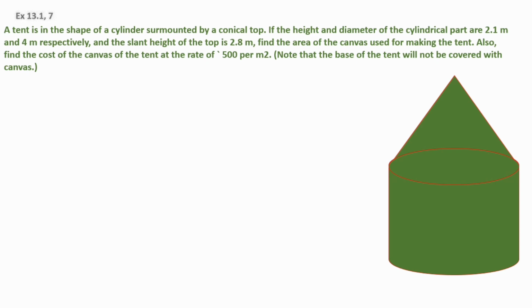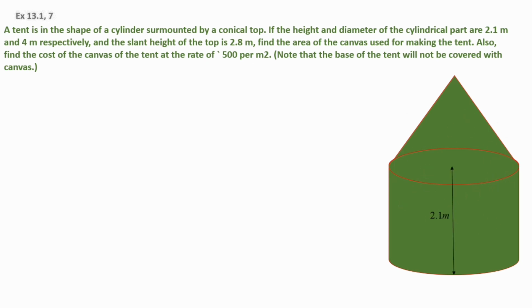And again in the question it is given the base of the tent will not be covered, means the circle there also will not be included. Means simply the curved surface area of cylinder and curved surface area of cone, if you add, we will get the total surface area or total area of that particular tent.